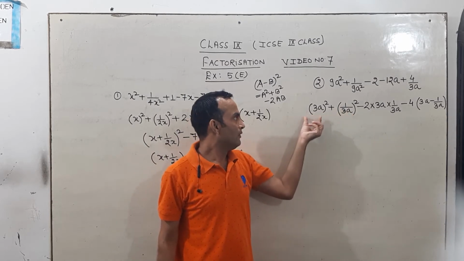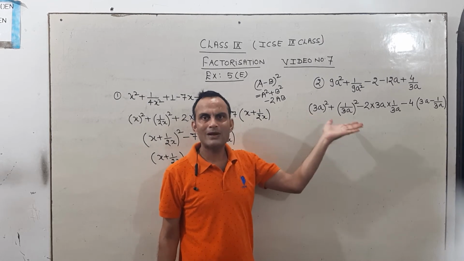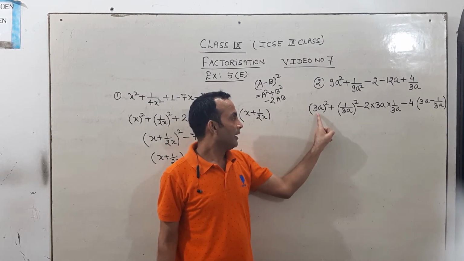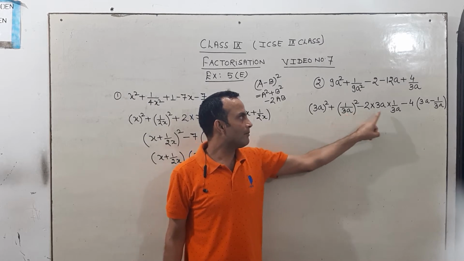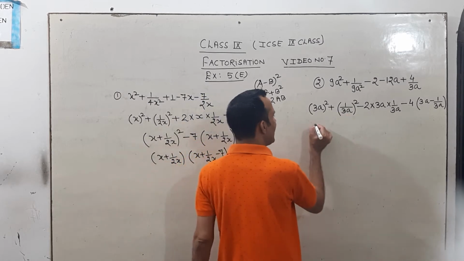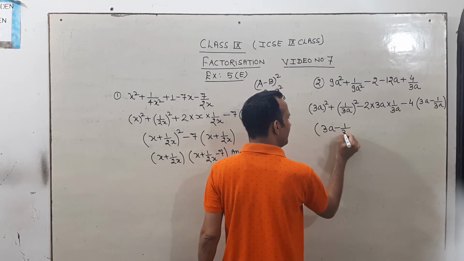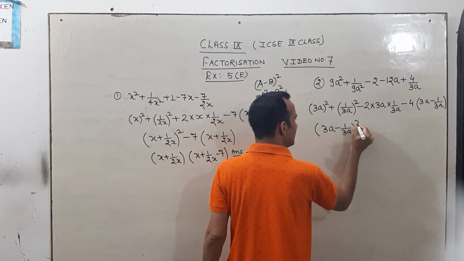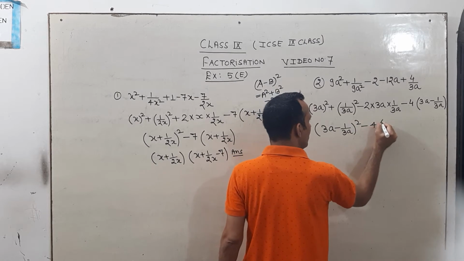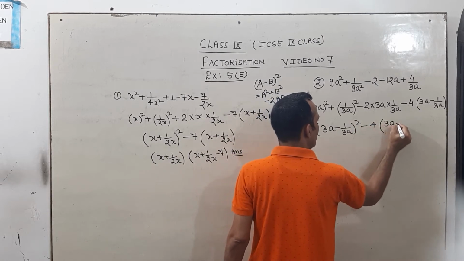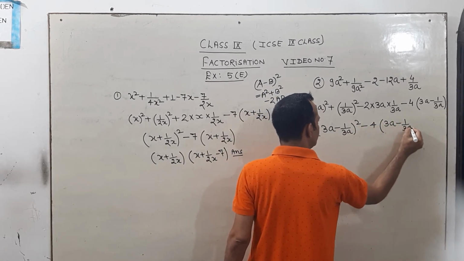So which identity is used here? You can see a square plus b square minus 2ab, which is a minus b whole square. a minus b whole square minus 4 times of 3a minus 1 upon 3a.